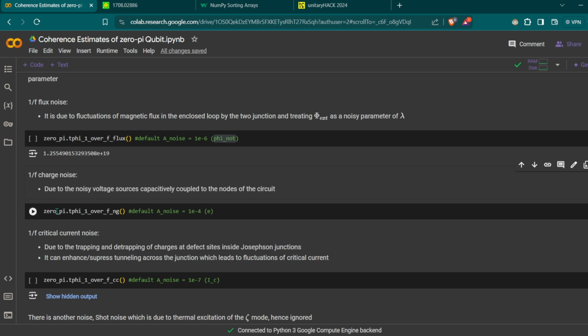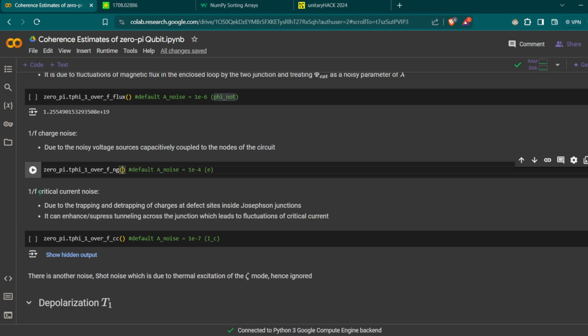We can also call it directly over our qubit, and in this case our A_noise is 10 to the power minus 4 in terms of the electron charge e. We can also set get_rate to true in this method, so that we get the value in nanoseconds.